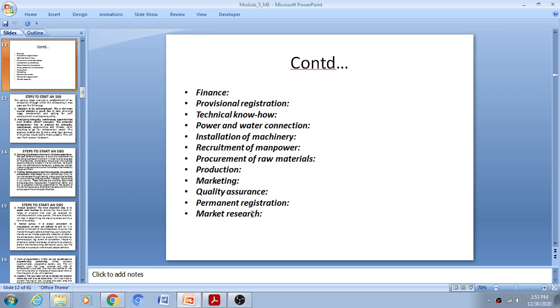If you want to keep it running, you've got to have a strong research team, strong minds who could analyze these performances and make sure that corrections are added regularly at the same period. So these are the steps for one to start a small industry.